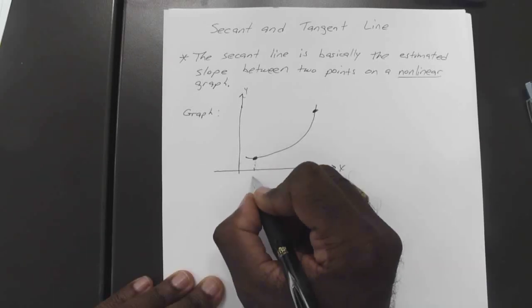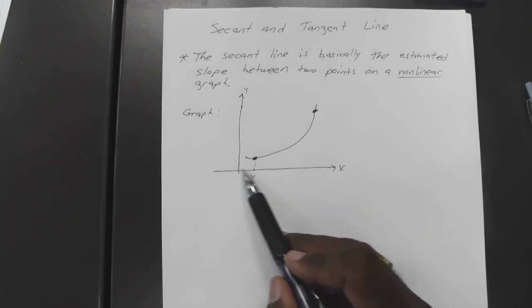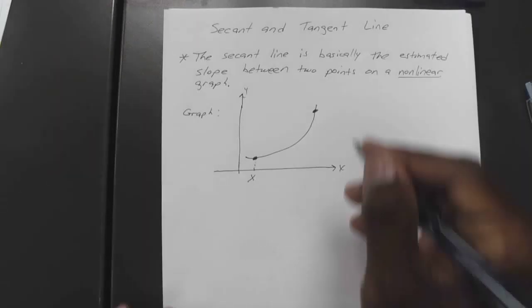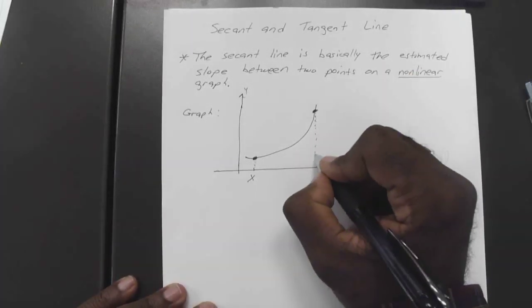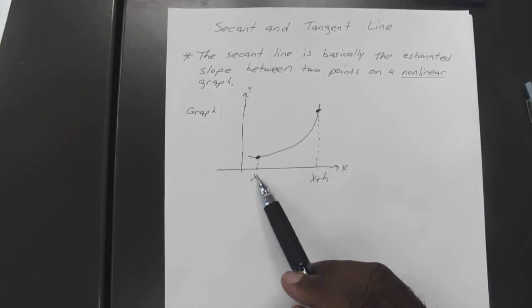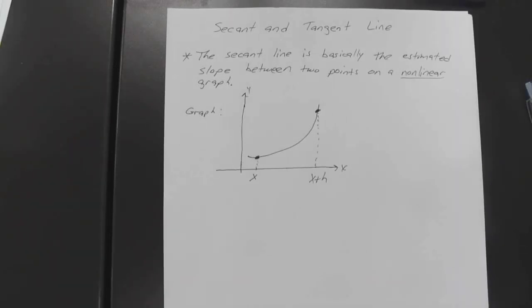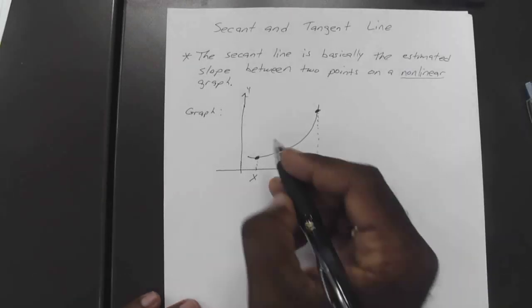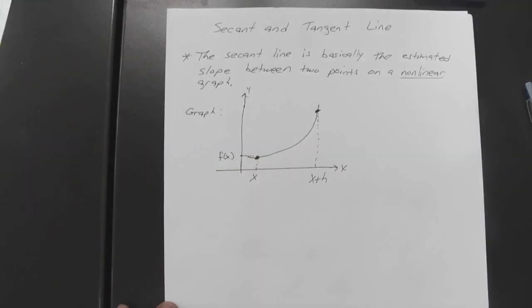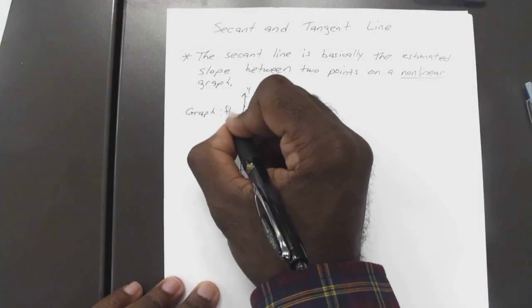Okay, so we'll call this first point x, because it's x units away from 0. And let's call this next one x plus h. So if you had points 2 and 5, this would be 2, this would be 2 plus 3. So x plus some number h. Okay, so that means this would be your f of x, and this would be your f of x plus h.